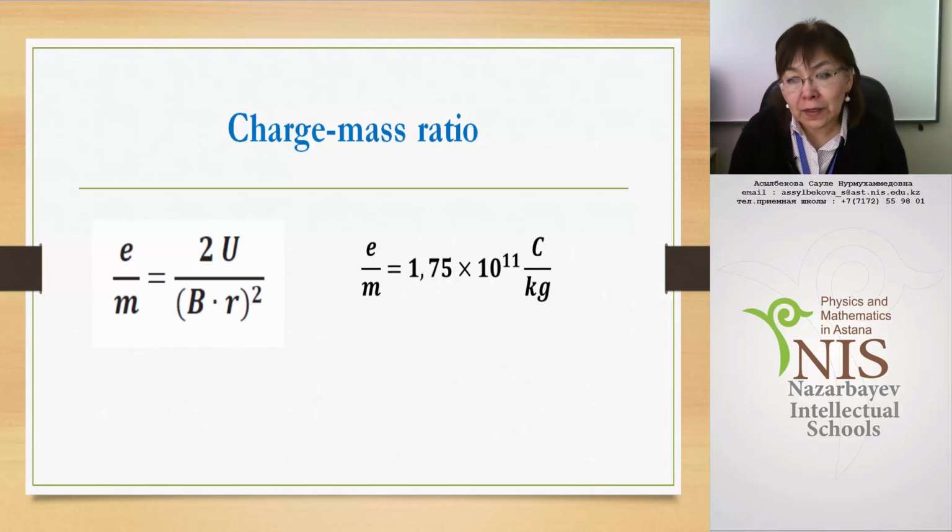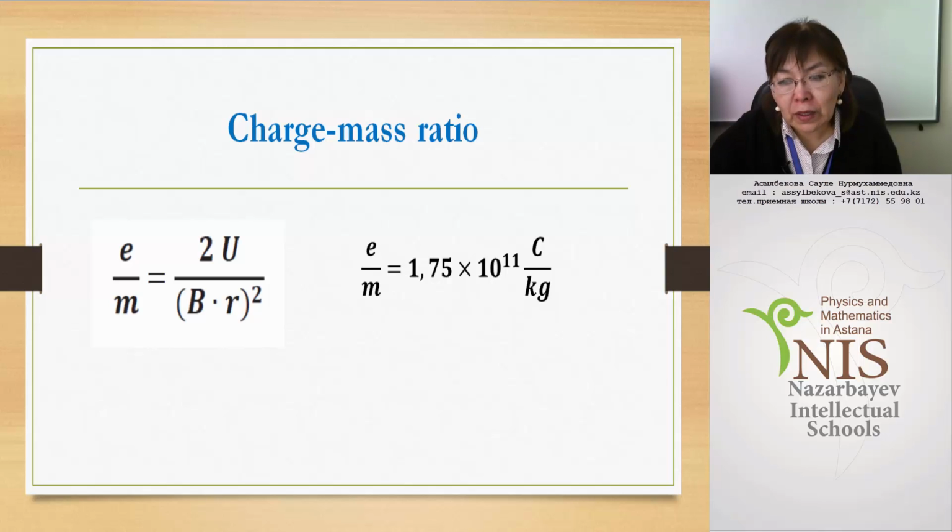And I have said we can calculate R by using a special scale on the screen of the tube, and the value obtained by Thomson was 1.75 multiplied by 10 to the 11th coulomb per kilogram.